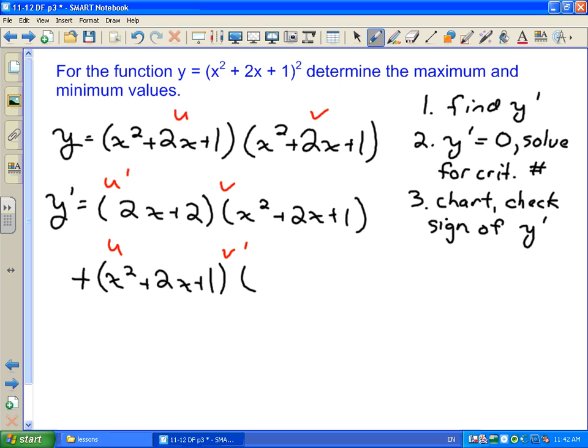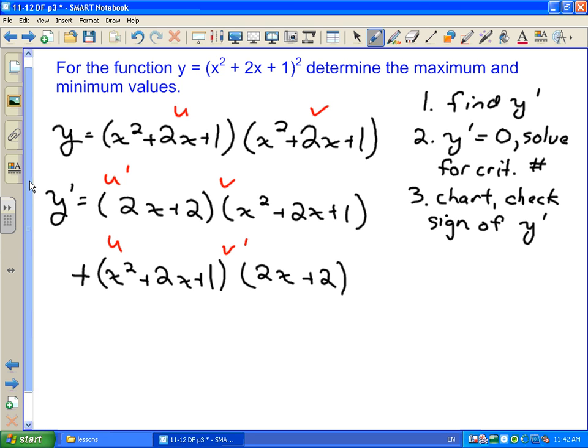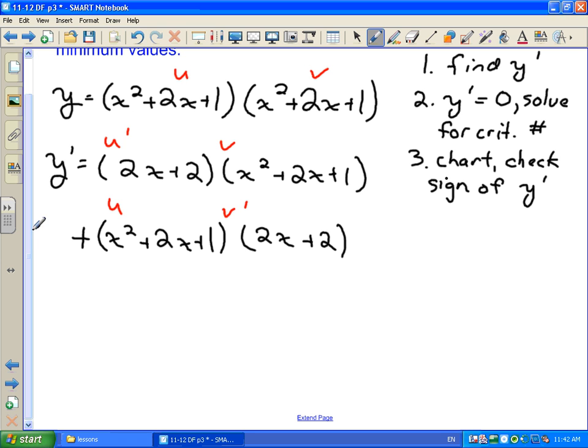And that is going to get multiplied by v prime, which is 2x plus 2. Okay. Now we're going to want to set this equal to 0 and start solving here. So I'll just set it equal to 0.